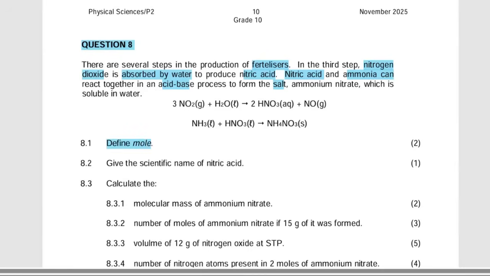Then they were asked to define the term 1 mole. So how do you define a mole? Yes, I know this one you got it correct.